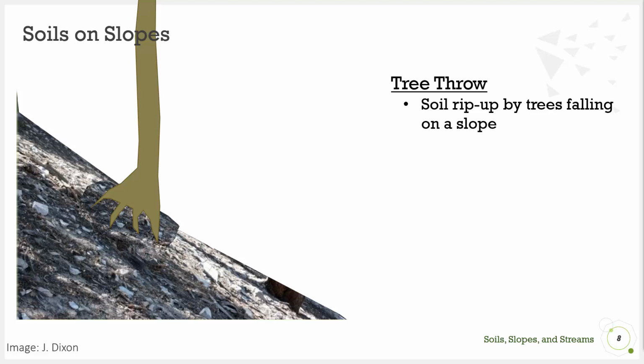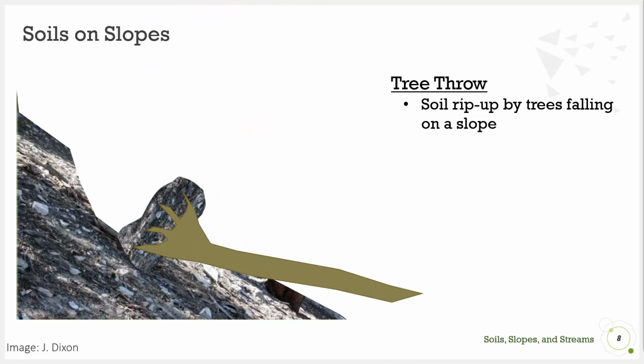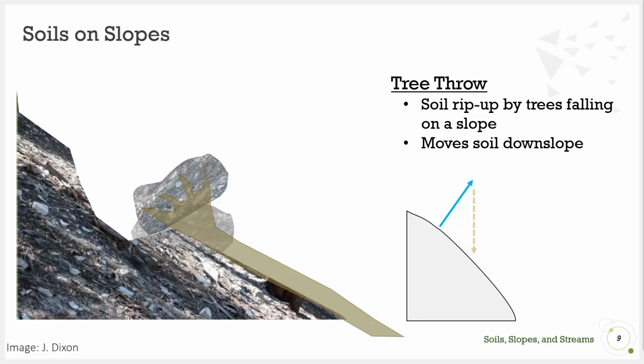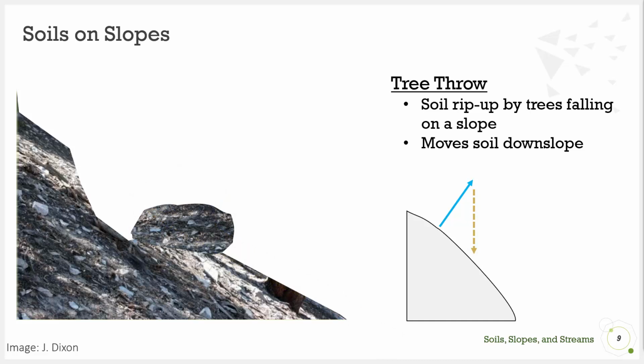When the tree falls over, maybe because it's dead or damaged, its root ball can rip up the surrounding soil and chunks of rock. This is a form of heave, heaving the soil away from the slope surface, such as we see in this blue arrow, and then falling back to the ground surface under the role of gravity. Heave is a type of soil creep.